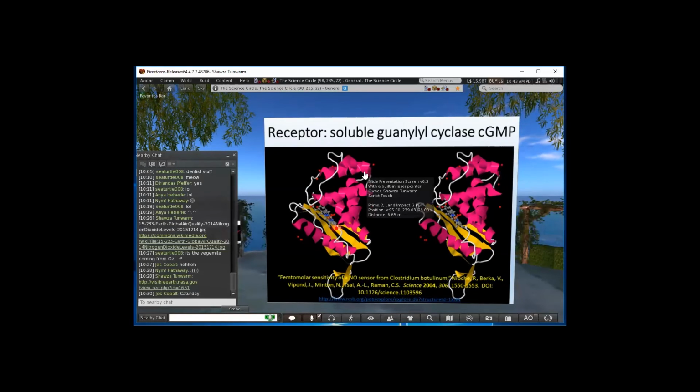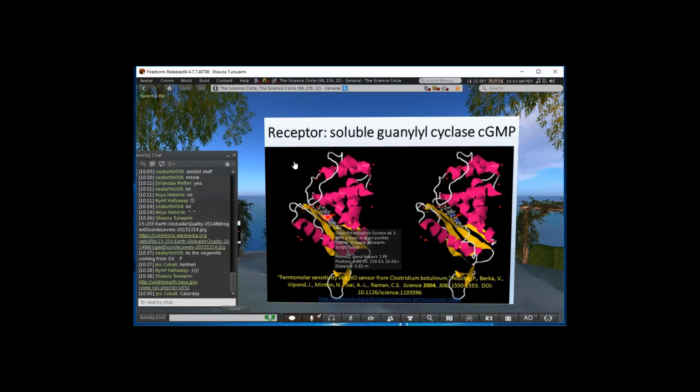What we can see, this is a stereo view again, and you can almost clearly see the heme part, where my laser pointer is.